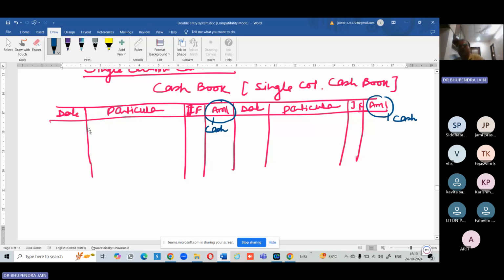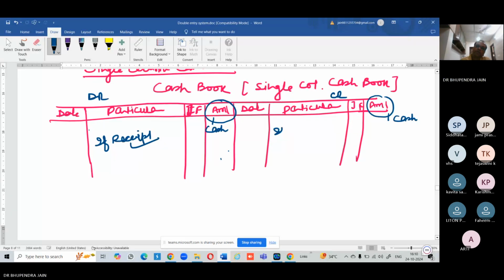We will record all cash transactions. Receipts are on the debit side and payments on the credit side.